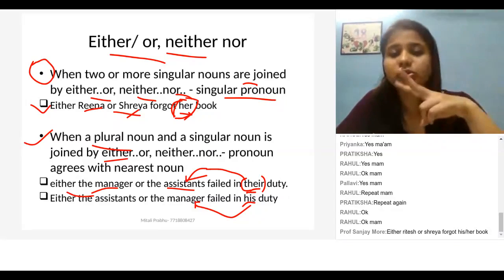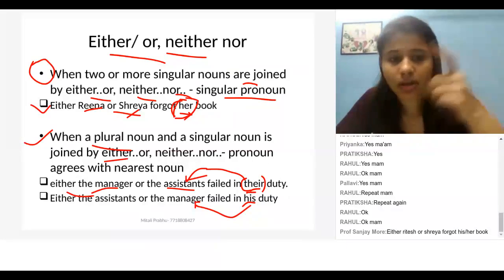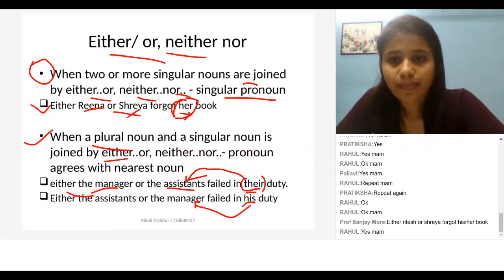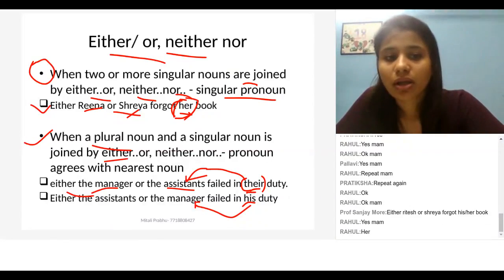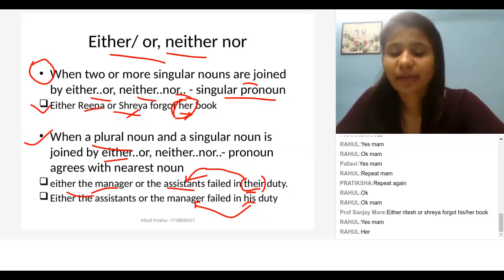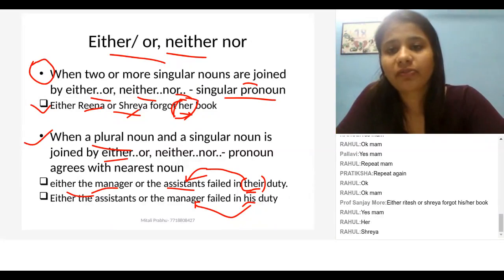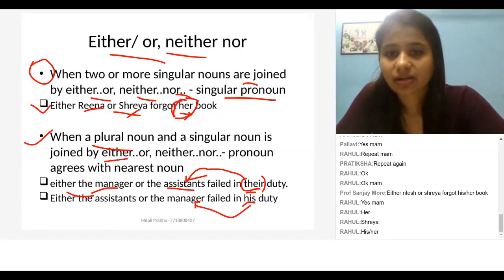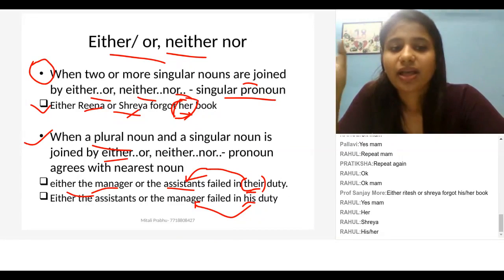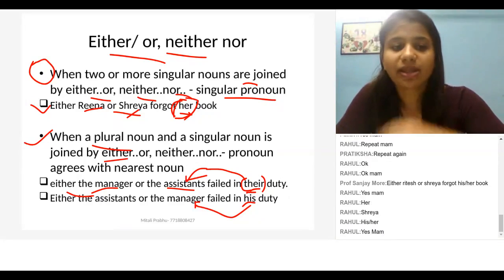You can use both because you don't know if it is his or her. But if it is Shreya, the closest noun to the pronoun is Shreya, right? So it's going to be "her". But if I frame the sentence like either Shreya or Ritesh forgot dash book, then what will be the answer?